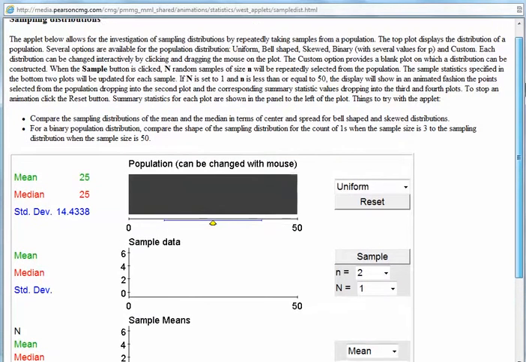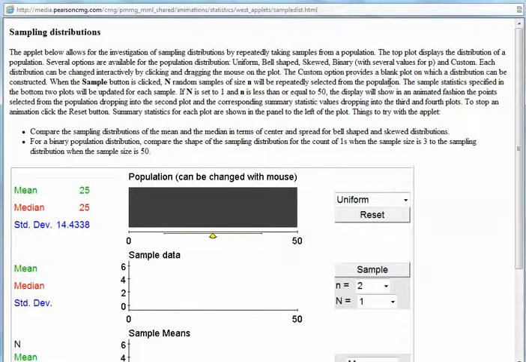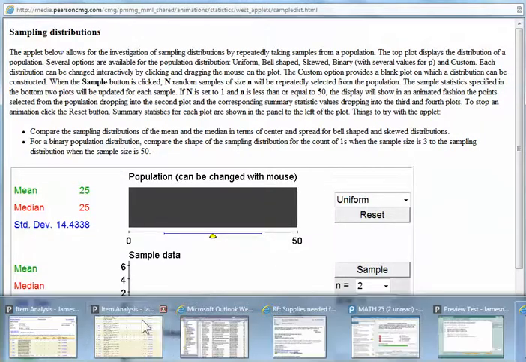And this animation is actually just pretty much borrowed, they probably had permission, from the Rice University Java applet that you can look up. Just Google Rice University sampling distribution, and they'll have a whole lot more tools available there. But this one is so important. I think the author probably just got permission to go ahead and use it.